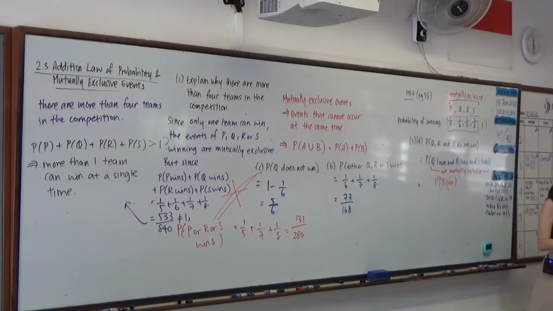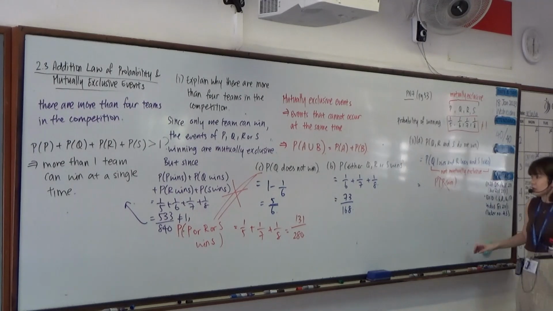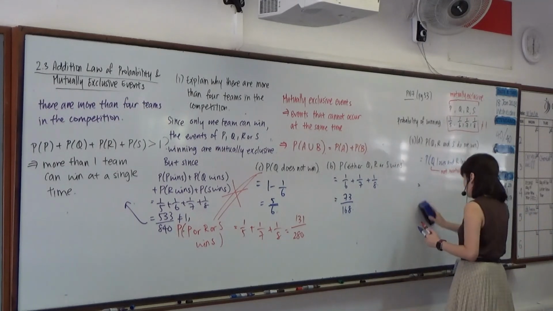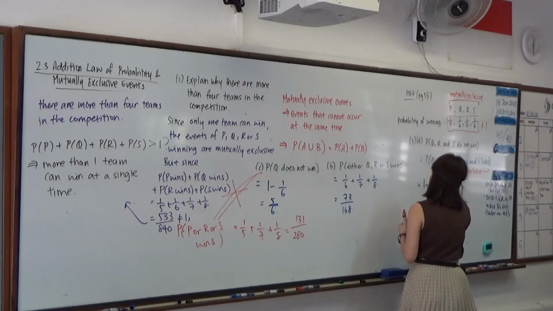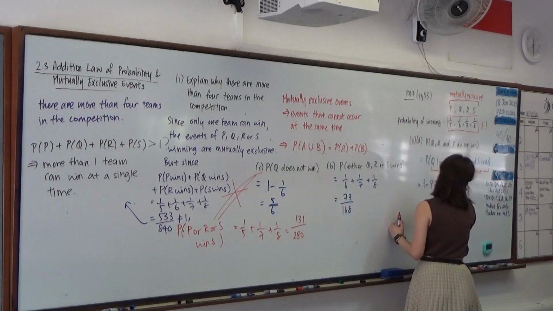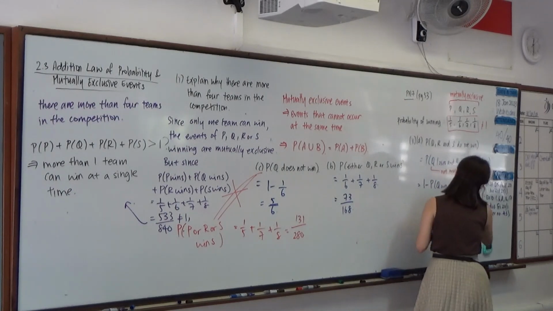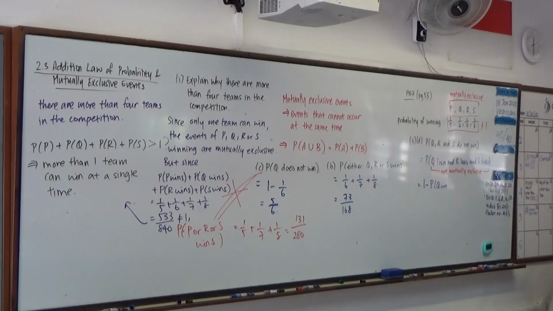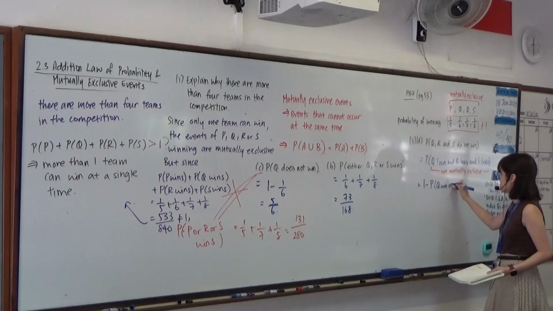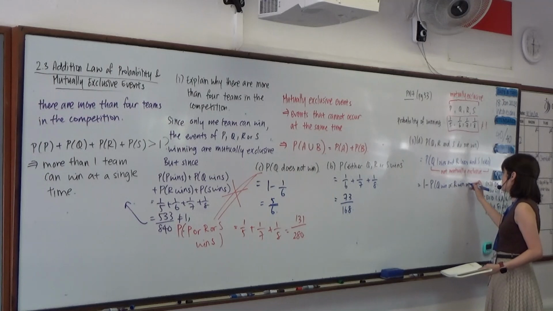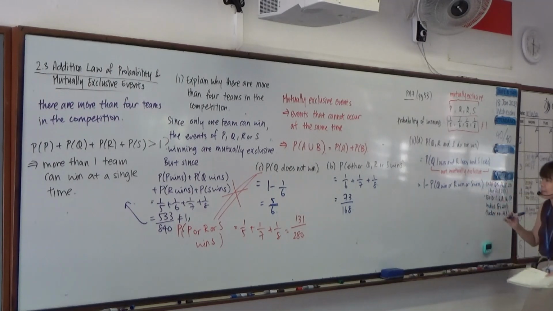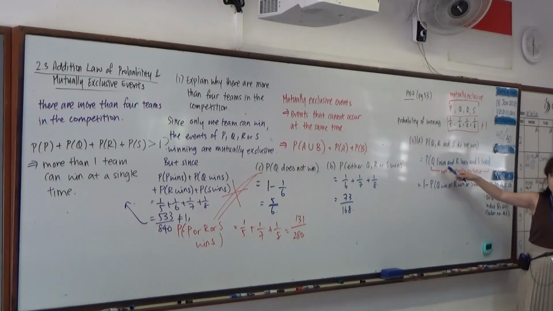So what we got to do is to think of the complement. Think about it as 1 minus probability of Q winning, R winning, as well as S winning. The complement of losing is winning.